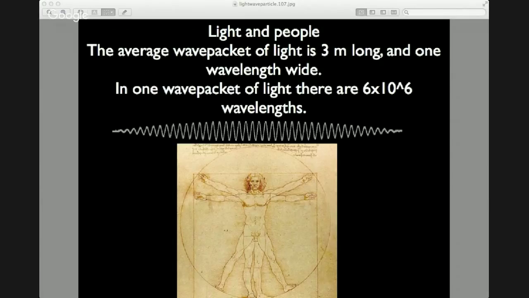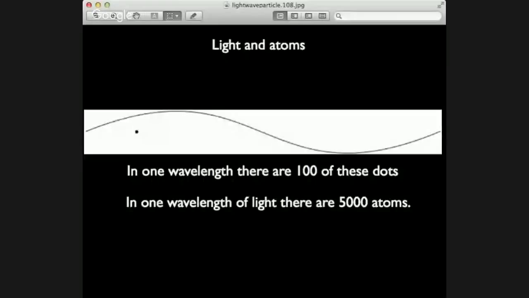Just to give you an idea of the size, it turns out that if we look close up at this, you'll find that little dot is representing an atom. And in one wavelength, there are 100 dots of the size that I showed you in that illustration.